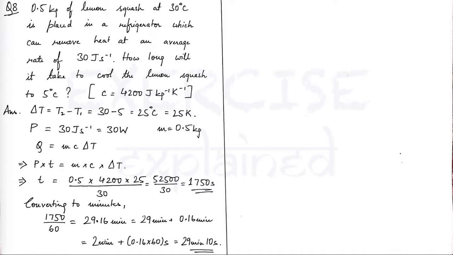I keep 29 minutes as it is, plus 0.16 into 60 seconds. So 0.16 into 60 gives approximately 10. So we can write it as 29 minutes and 10 seconds. Sorry about the mistake here, it will be 29. Please bear with it.